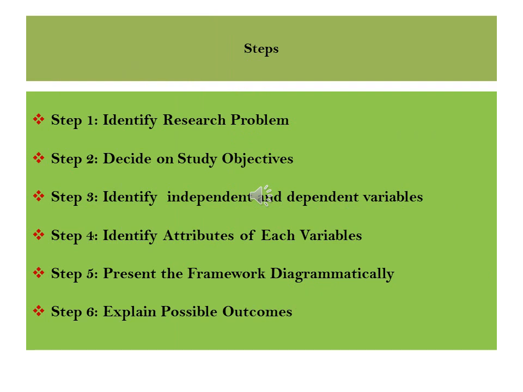Let us now look at the steps that a researcher is required to follow while constructing a conceptual framework. The first step is that you must identify a research problem. What is it that you want to study? The second step is that you decide on the study objectives. What are the objectives that a researcher wants to use to guide him or her in answering the issues that are being identified in the research problem?